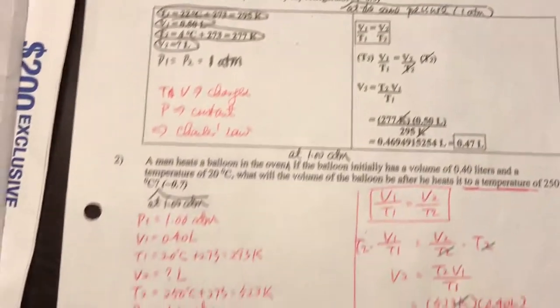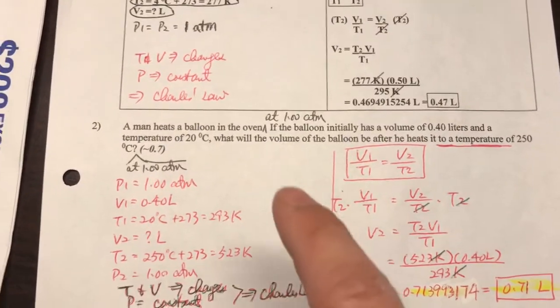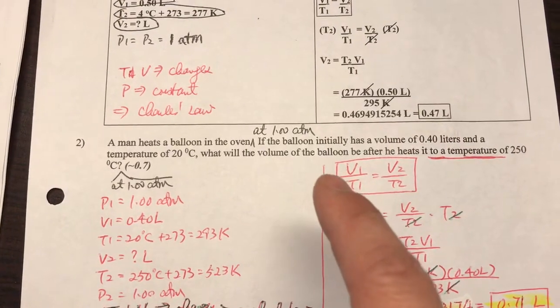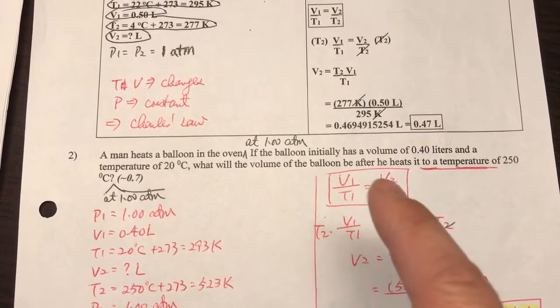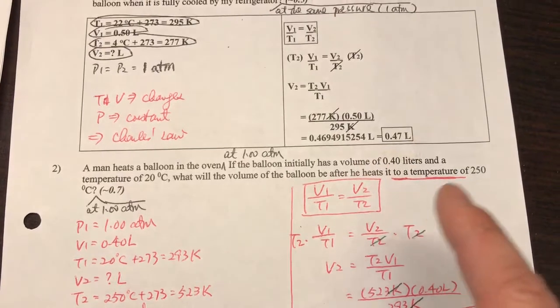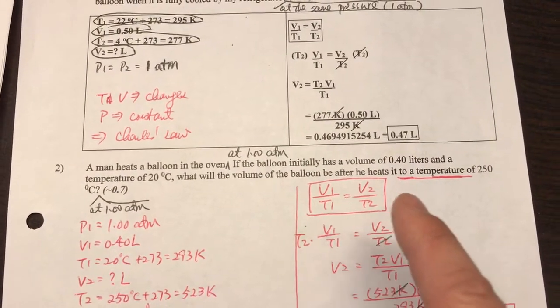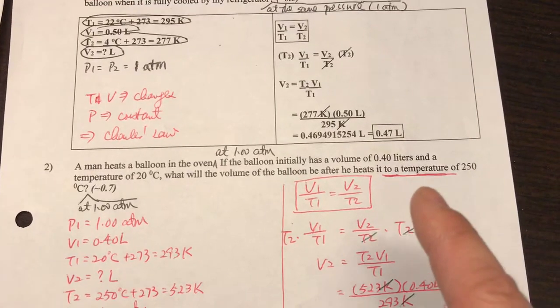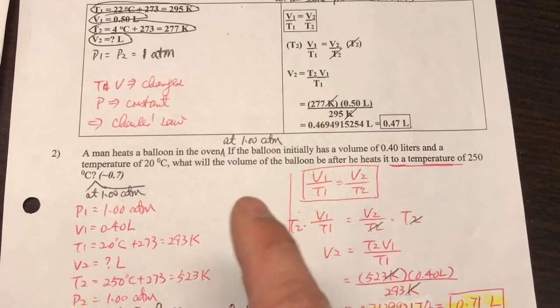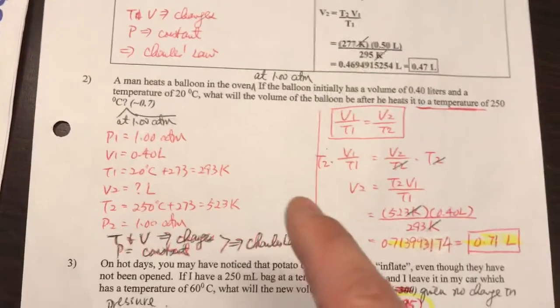Okay. Now let's look at the second question. A man heats a balloon in the oven at 1.00 atm. If the balloon initially has a volume of 0.40 liter and a temperature of 20 degrees, what will be the volume of the balloon after he heats it to a temperature of 250 degrees at 1.00 atm?